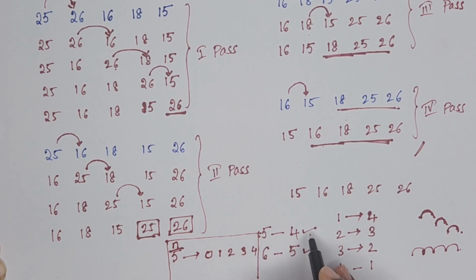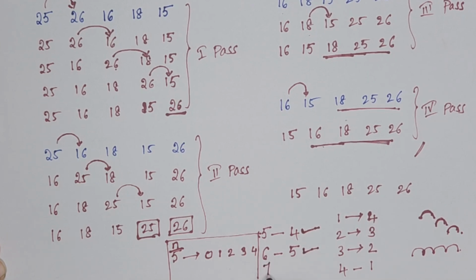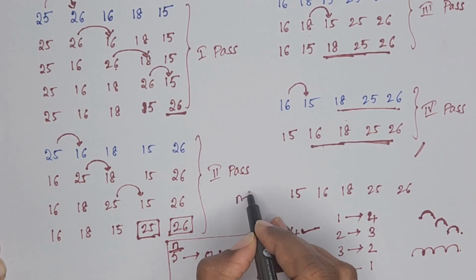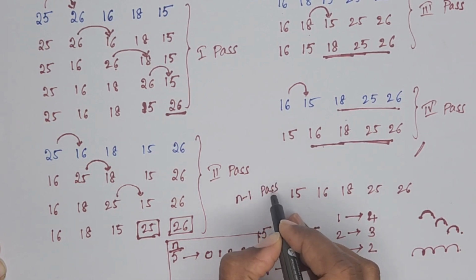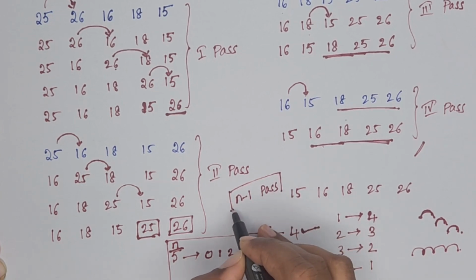See, if n value is 5, the number of passes is 4. If n value is 6, the number of passes is 5. If n value is 7, we'll get 6 passes. It means n minus 1 passes.